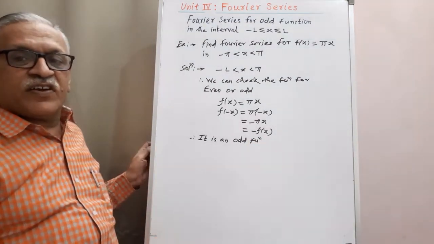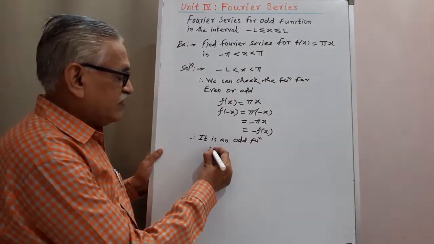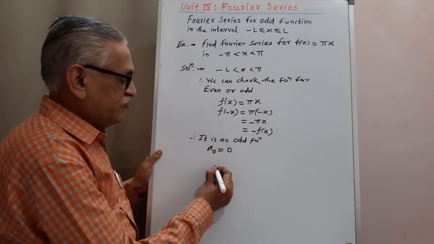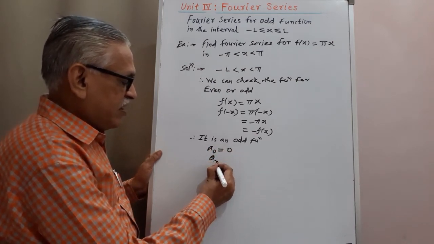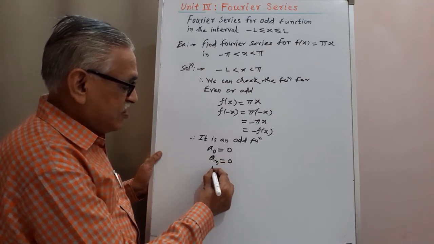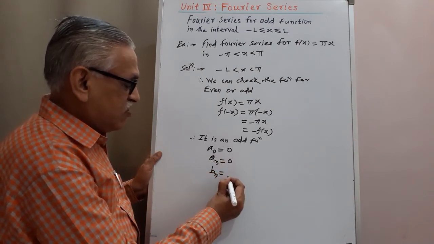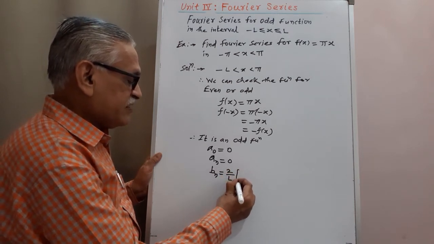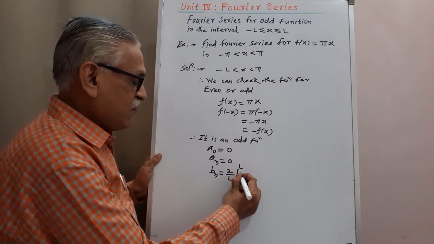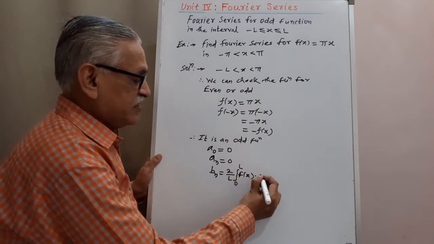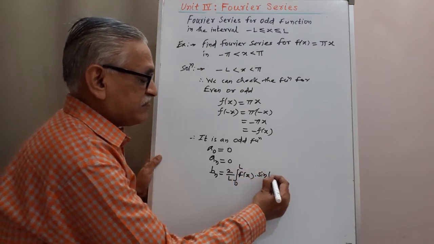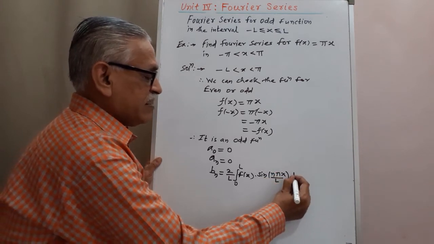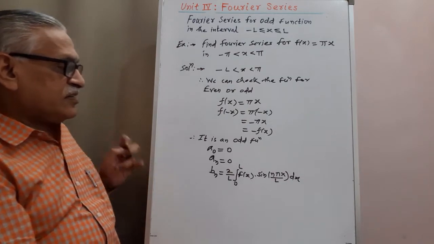And as it is an odd function, the Fourier series coefficient a0 is 0, an is also 0, and bn is given by 2 by L integral from 0 to L of f of x into sine of n pi x by L, integrated with respect to x.